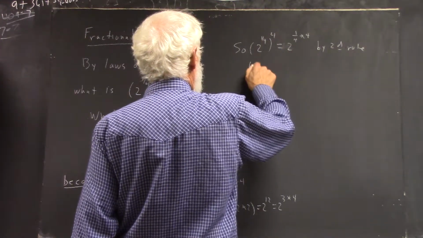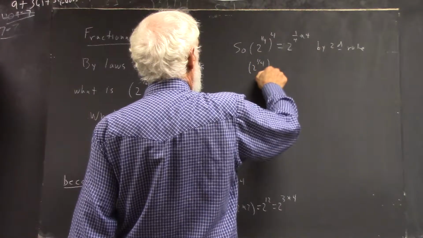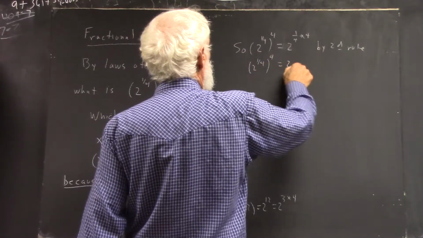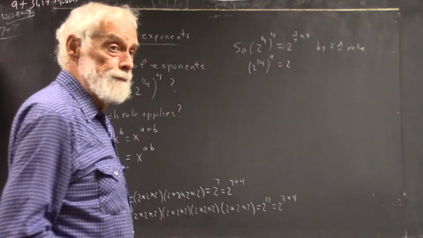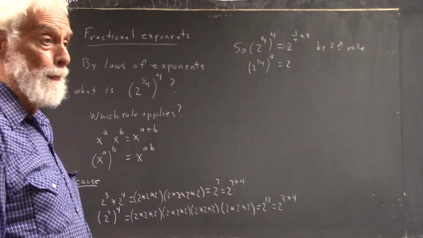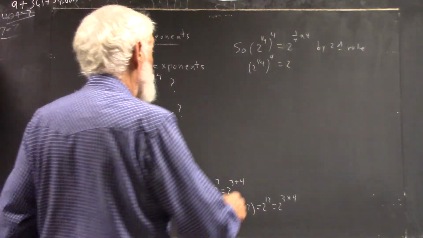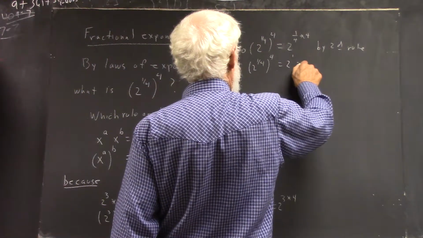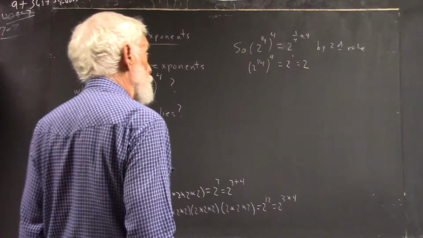So 2 to the 1/4 to the 4th equals 2. Right? I mean, it's 2 to the 1, which is 2.